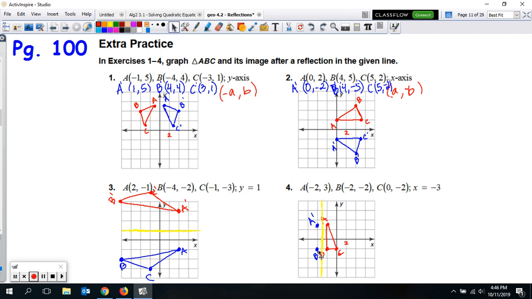That's going to be our B prime. And then for C, C is 1, 2, 3 units away, 3 units to the right, so 3 units to the left. It's going to put us right over here for C prime. And so we'll plop C prime right there, and then just connect your dots together. And it should look like it's a perfect reflection over that line. It flipped over the line. That's what it basically did.